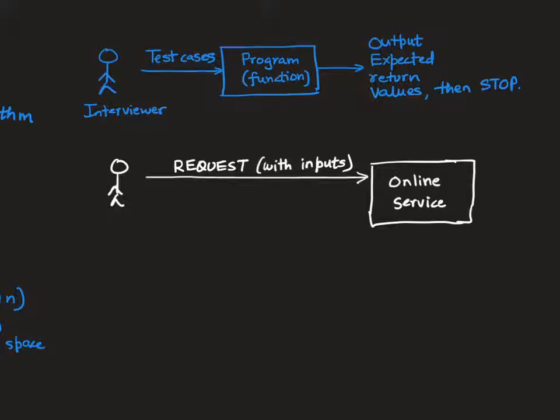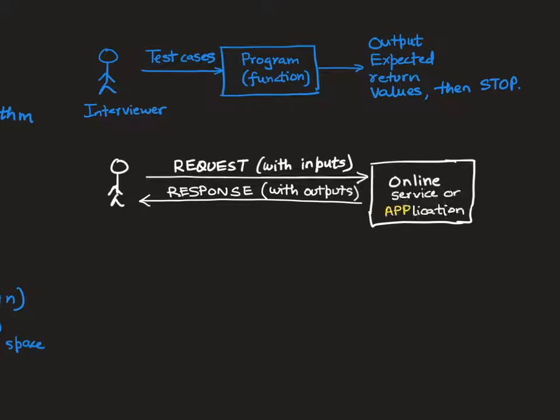They will send a request to your machine to run the program using the input parameters that they are sending over the network. Your program will run on those inputs, and then you'll need to send the output back to them as a response over the network. So we're going to see how to build such an online service. How do we convert our LeetCode style program into an online service?